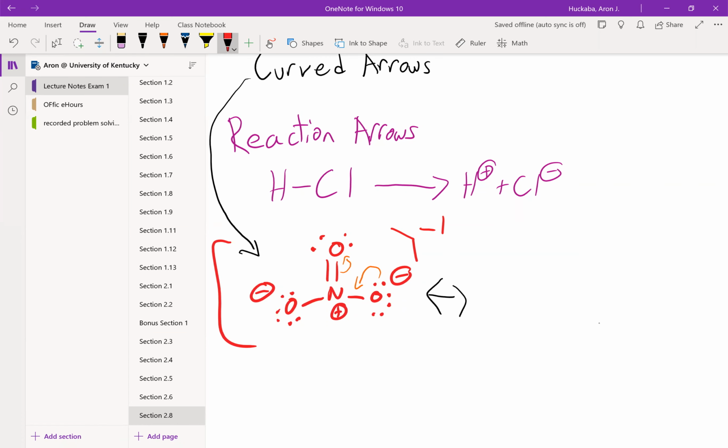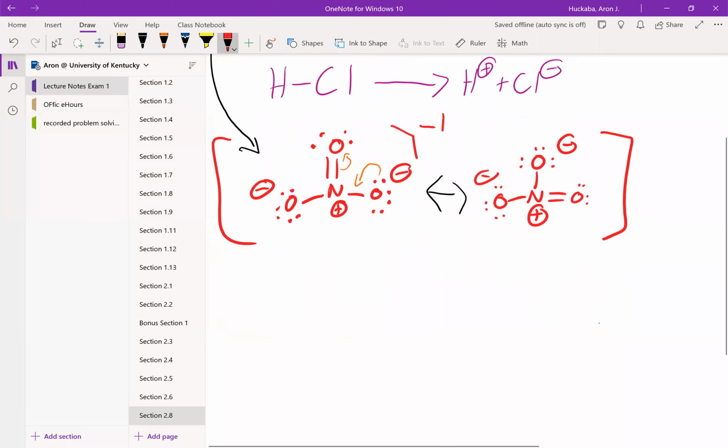We use our resonance brackets, and we can have this type of movement and make some other resonance structures as well. So if you noticed, we used these orange curved arrows to show how those electron motions actually happened. And that's exactly what we're going to do here, talking about curved arrows for resonance structures.